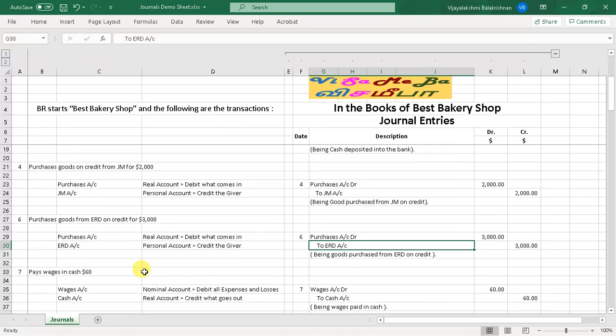Till we make cash payment, the name of the creditor should appear in the books so that we know that we are liable, or the payment is still pending or outstanding to be paid to ERD. So it's purchases account debit to ERD account because we bought on credit.